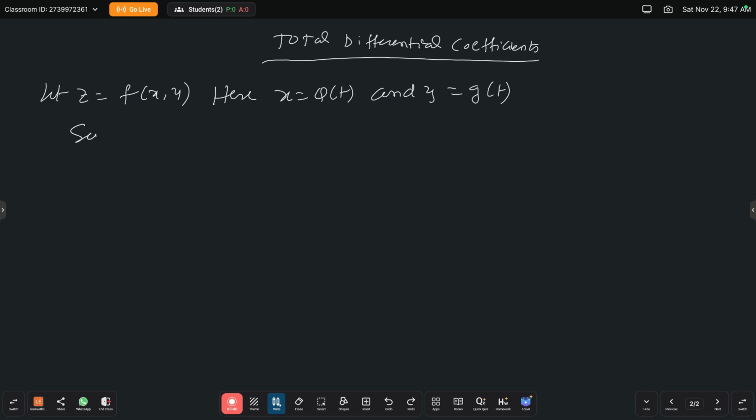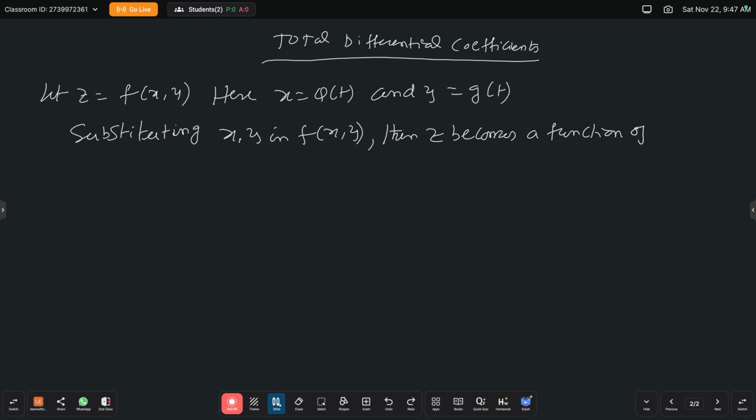So substituting x comma y in the function f of x comma y, then z becomes a function of a single variable t.